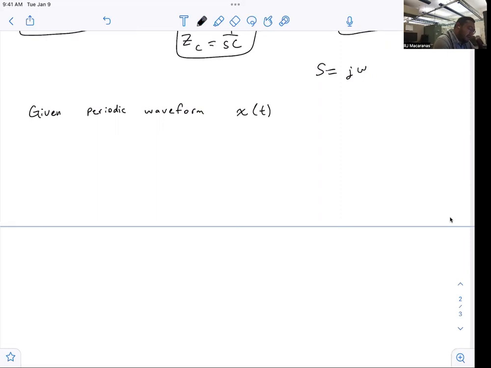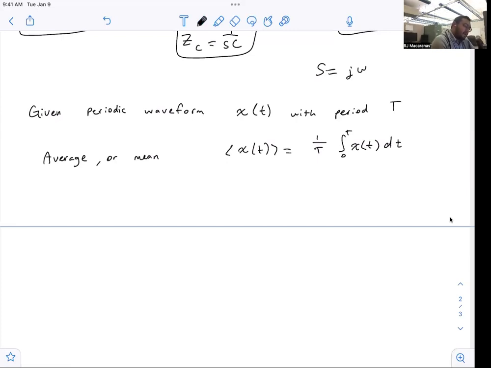Any generic waveform x of t with period capital T, it's helpful to discuss various properties of the waveform, such as the average or mean. To find the average, we usually denote this by these angle brackets. You add up everything in the period and divide by how many points you have in the period. That's your average: 1 divided by T times the integral over one period of that waveform.